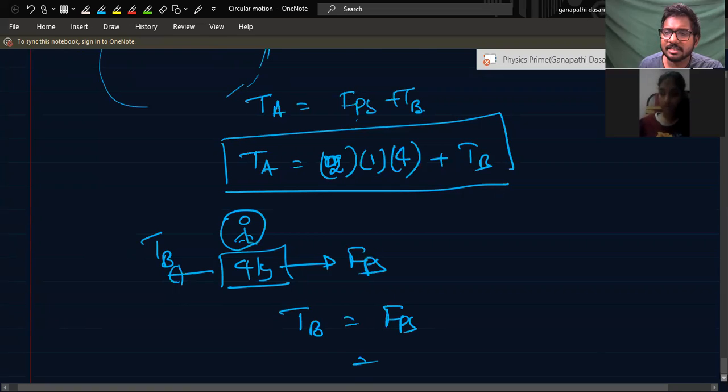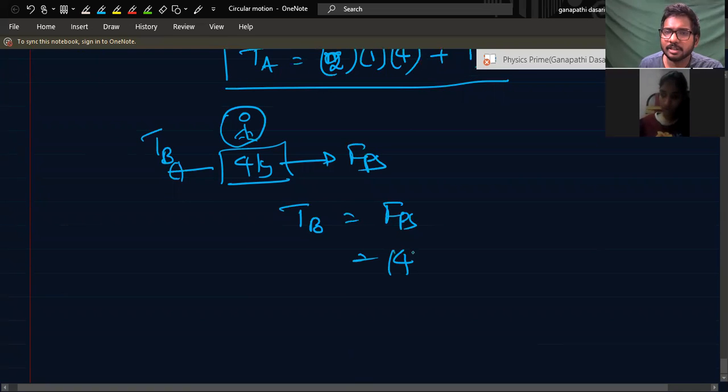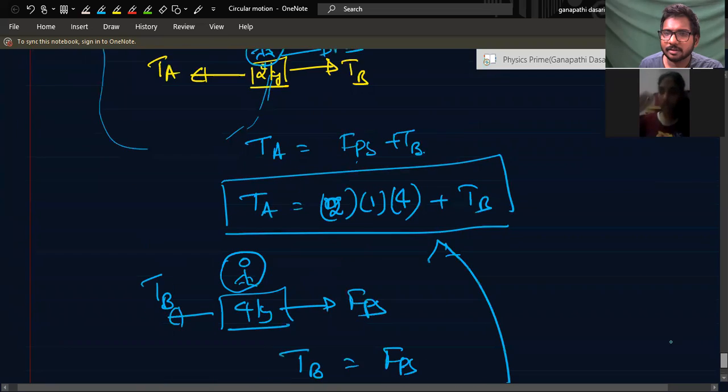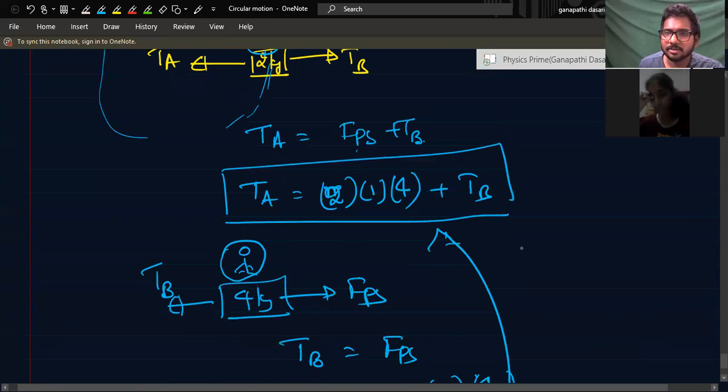What is that FPS? Mass of the body, that is 4, into R is 2 meters, into omega square is 4. 4 into 4 is 16, 16 into 2 is 32 newtons. That is Tb. Substitute in this equation. Same answer. So Ta is equal to 8 plus 32, 40 newtons.